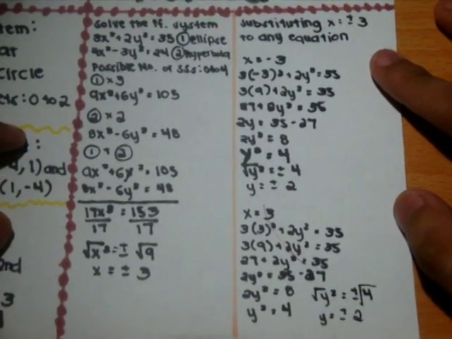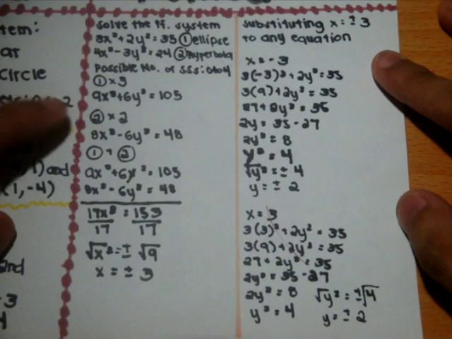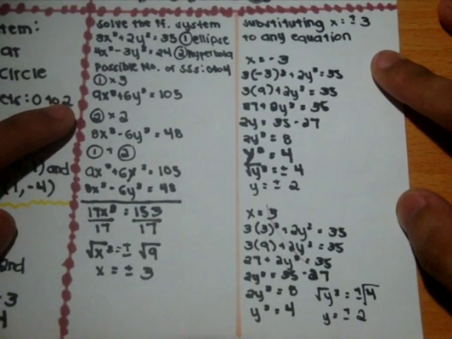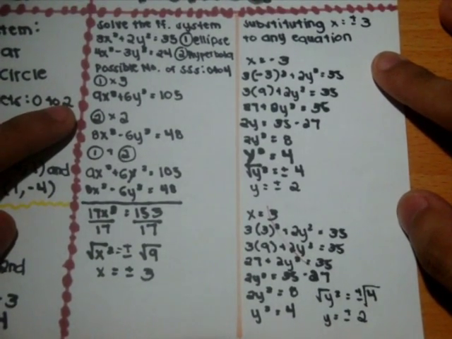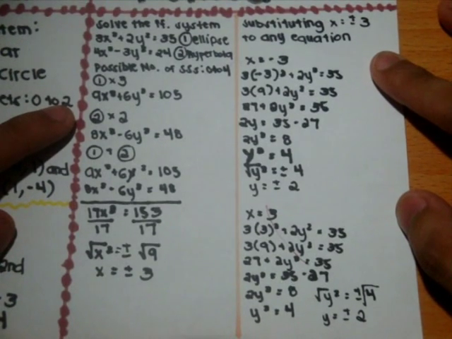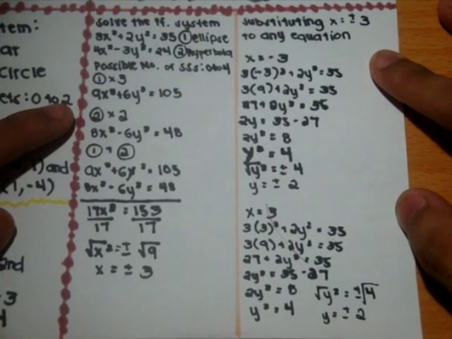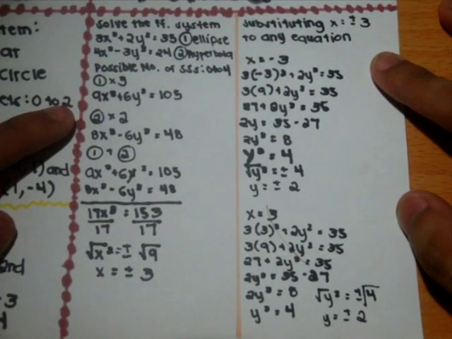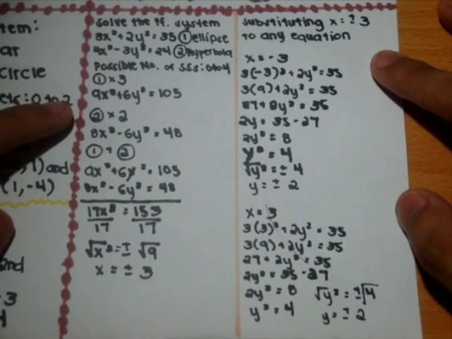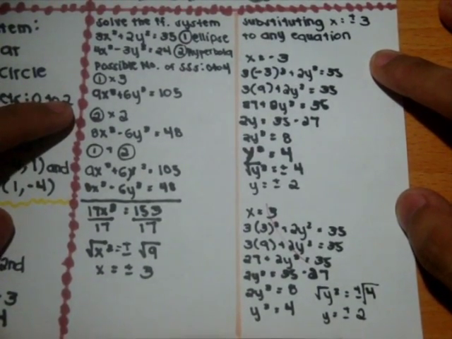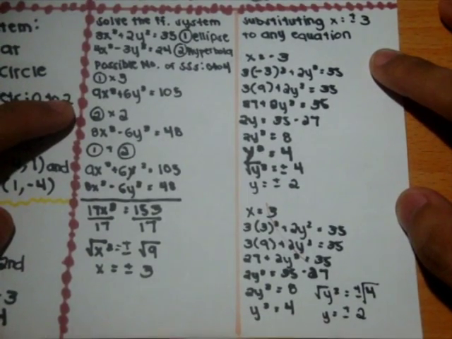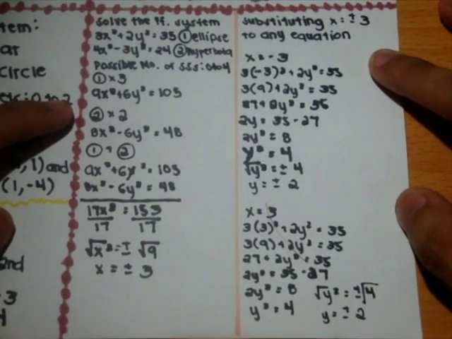So here we are. Elimination method. The first equation is an ellipse, which is 3x squared plus 2y squared is equal to 35, while the second equation, a hyperbola, is 4x squared minus 3y squared is equal to 24. The possible number of solutions to both conic sections is 0 to 4.